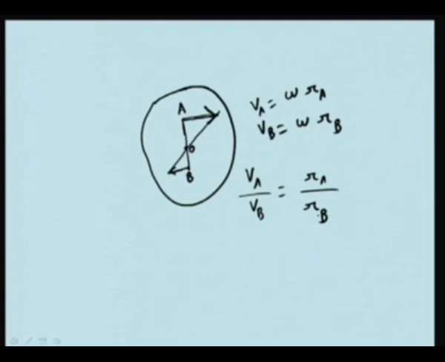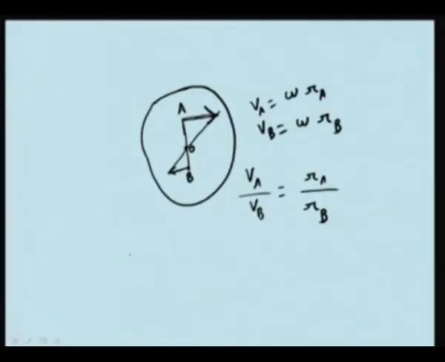Finally, it is to be noted that only rotation causes the relative velocity between the 2 points in the body. In translation, the relative velocity between the 2 points in the body is 0. It can be easily shown that in a rigid body, the relative velocity between two points of the body is in a direction perpendicular to the line joining the 2 points.